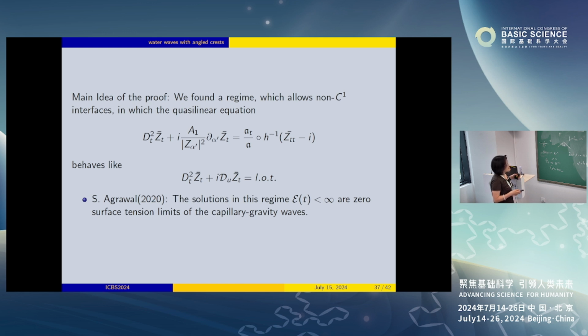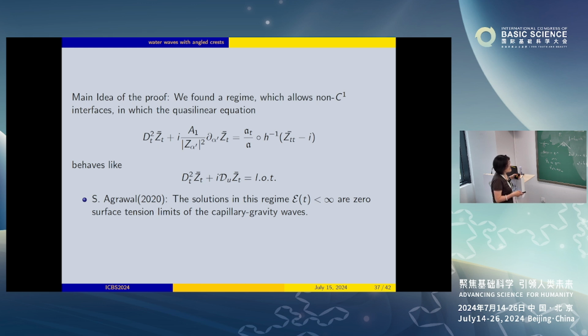But the main idea of the proof is that you really treat this derivative like this derivative, okay? So the main idea, we find a regime that allows non-C1 interfaces, which also allows C1, C infinity, just regular smooth interfaces as well, right?